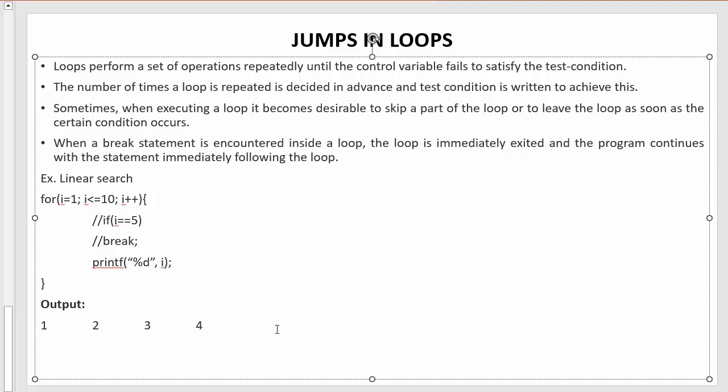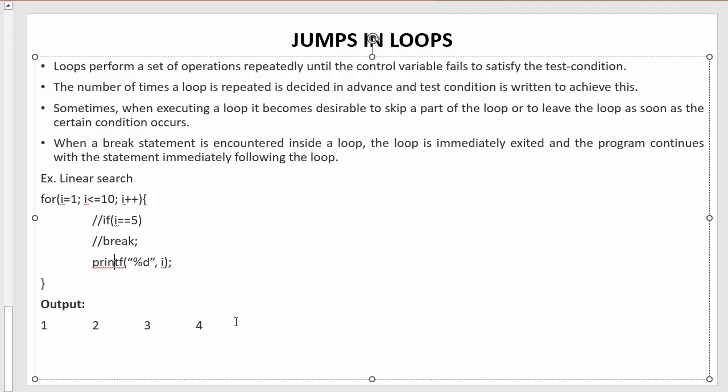When you write this statement, you will get numbers from 1 to 10. But sometimes we may not require the for loop to be executed 10 times. Sometimes we may require that the for loop gets terminated in between after executing a few iterations. We don't want the for loop to complete all its iterations. In this case, the for loop gets executed 10 times, that's why we get 10 numbers.